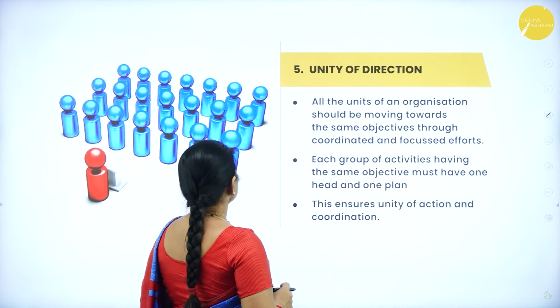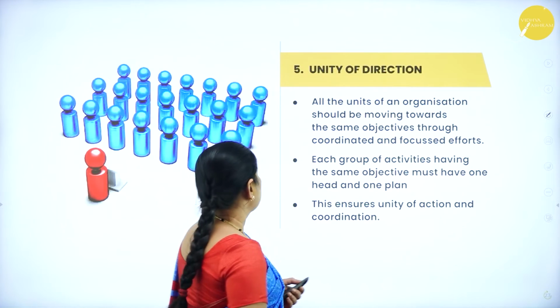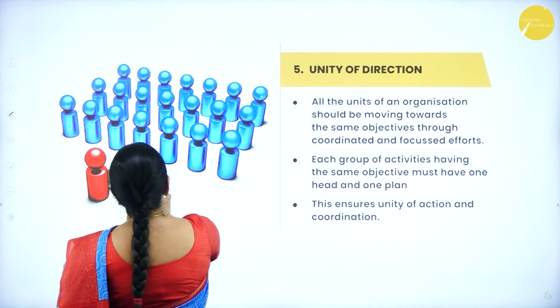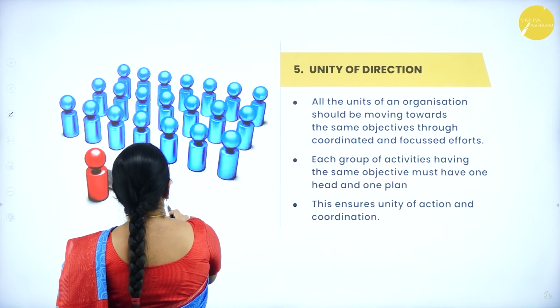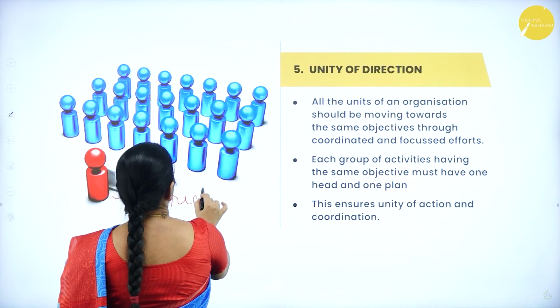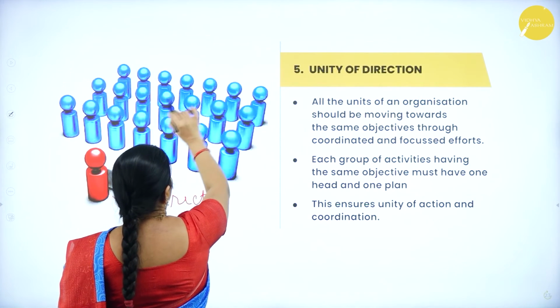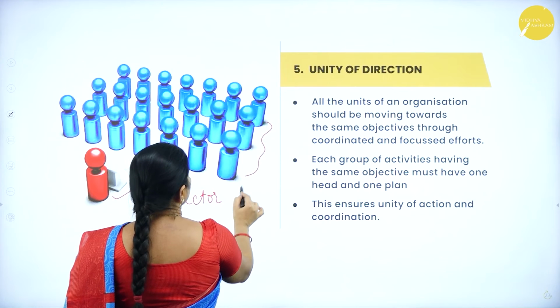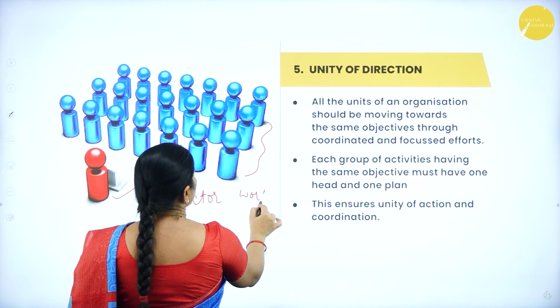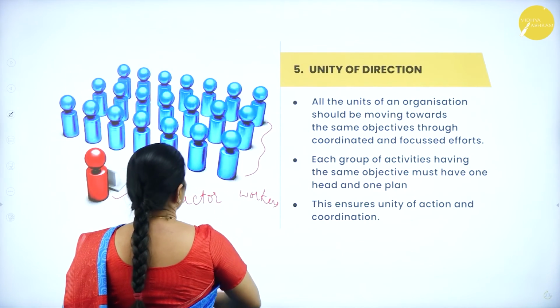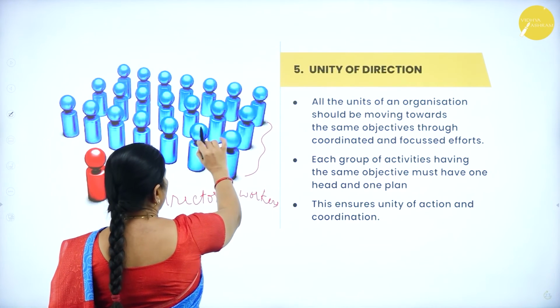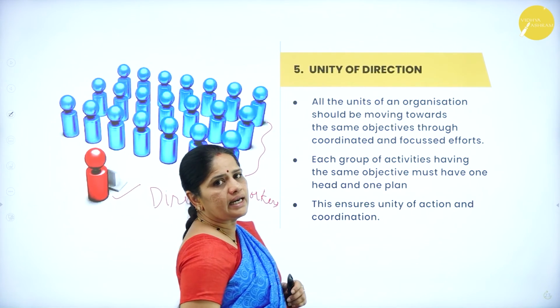Then next comes unity of direction. Unity of direction means there is one person who is the director. He is supervising the activities of all the workers. These are all the workers of the organization. He is directing and they have to follow the directions.